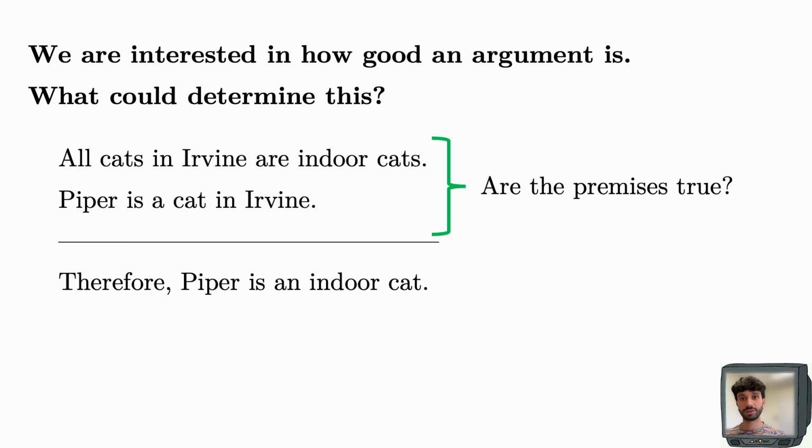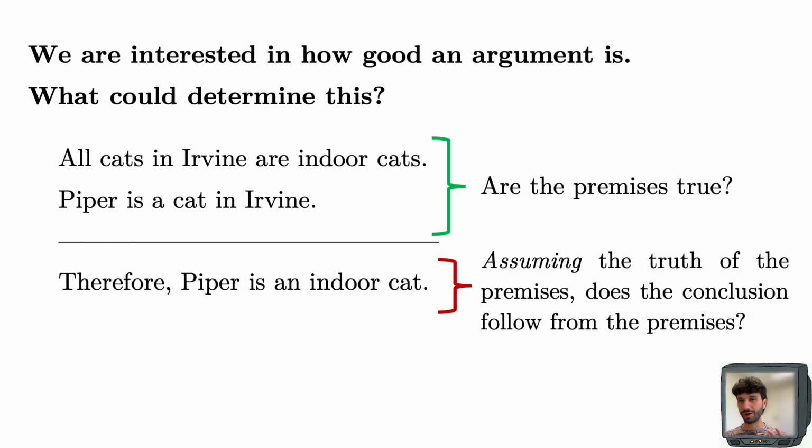What we care about is the logical relationship between the premises and the conclusions. So how that works is that we're going to say, assuming the truth of the premises, so let's assume that all cats in Irvine are indoor cats, and let's assume that Piper is a cat in Irvine. Does the conclusion follow from the premises?